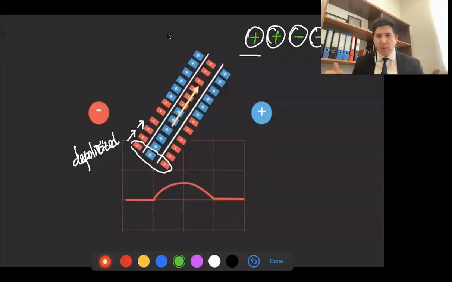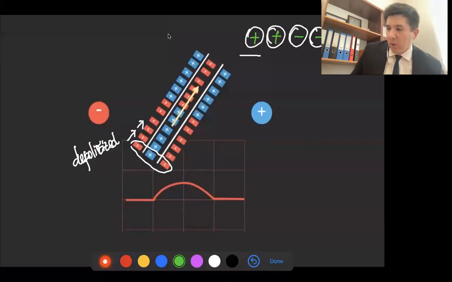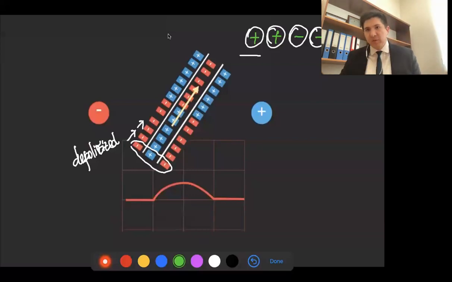Okay, so the direction of the dipole always moves from the positive to the negative. If you look to the inside, it's going to move from positive to the negative in that direction.